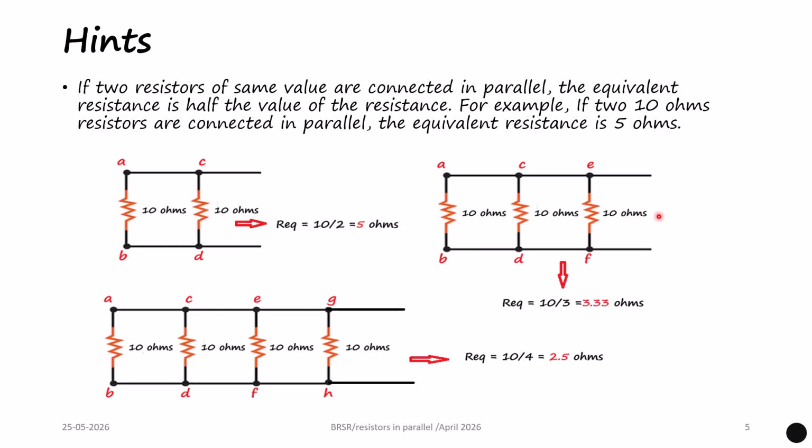If three resistors of the same value are connected in parallel, then the equivalent resistance would be 1/3 of each resistor's value. So 10 by 3 will be 3.33 ohms. If four resistors of the same value are connected in parallel, then the equivalent resistance would be 1/4 of the individual resistance, that is 10 by 4, which is 2.5 ohms.